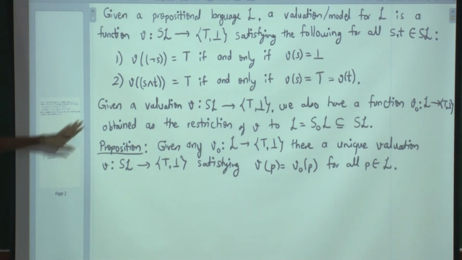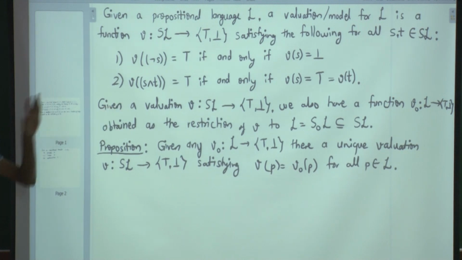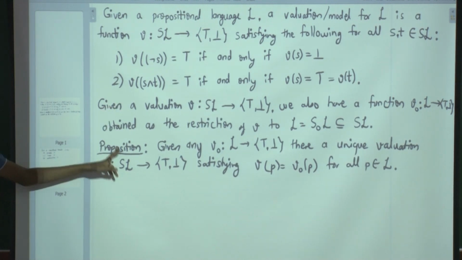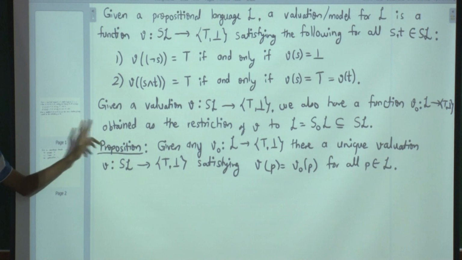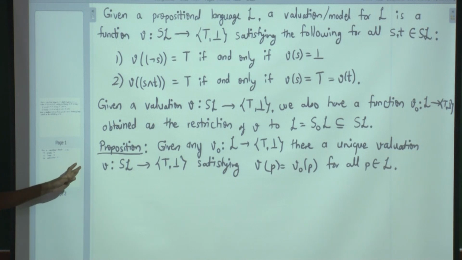So see, what does this statement say? That every valuation restricts to a function on the language. Now here we are saying that every function extends to a unique valuation on the set of L formulas. Is this surprising?